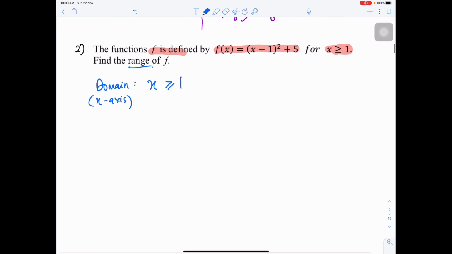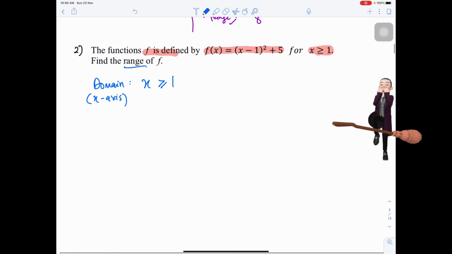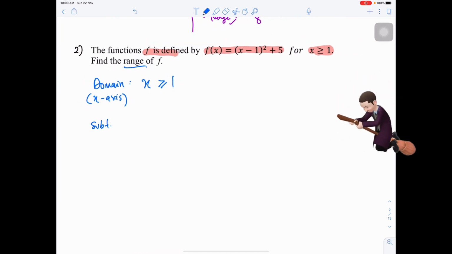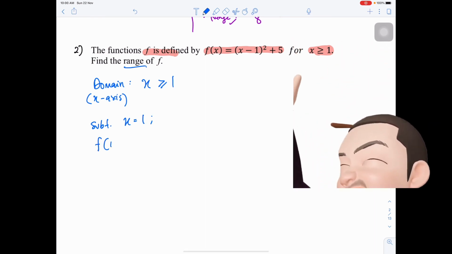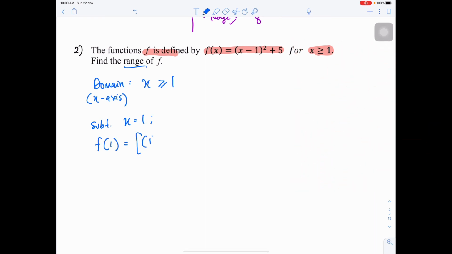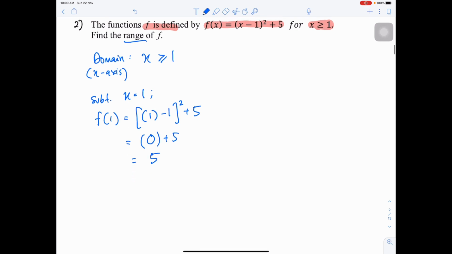How do we determine the range? Substitute x equals 1 into the function. So f(1) equals (1 minus 1) squared plus 5, so we get 0 plus 5 equals 5.